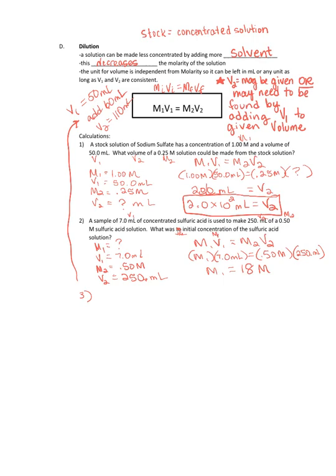Let's do this where we have 1.00 liters of a 1.35 molar solution is diluted by adding 450 milliliters of water.